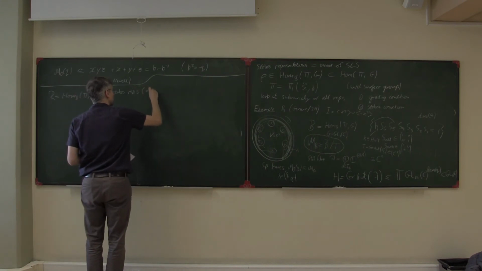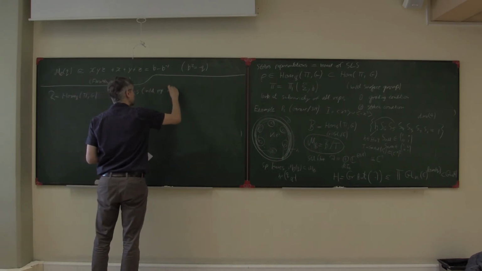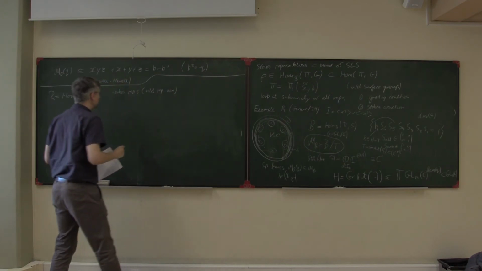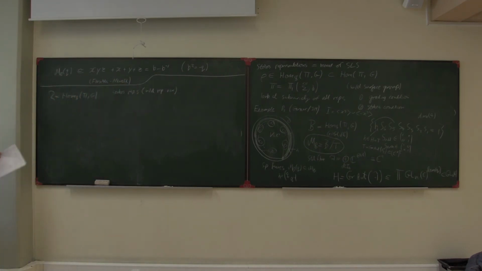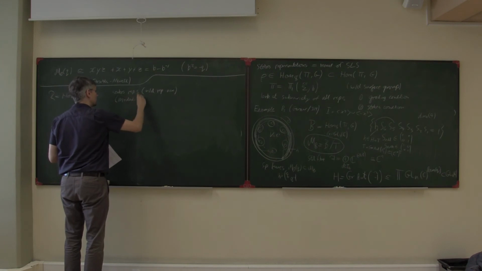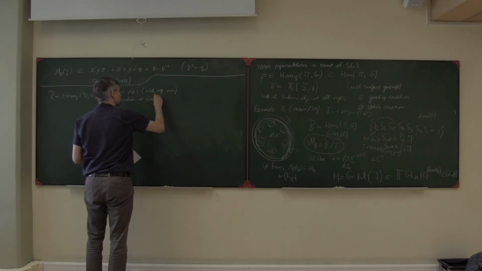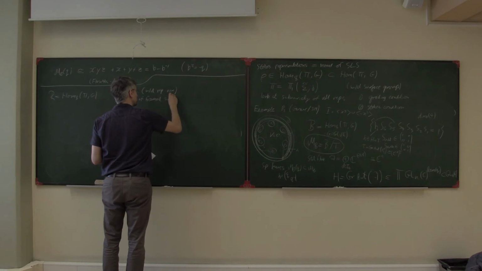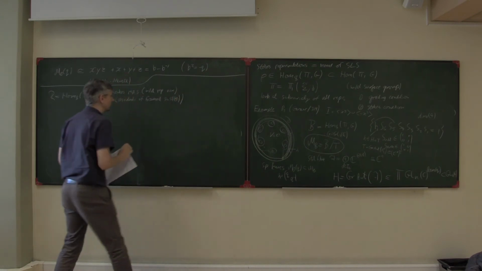If you like, the wild representation variety. I'm just trying to extend all of the terminology that people have in the usual tame picture. So it's a moduli space of framed Stokes local systems of irregular class theta.